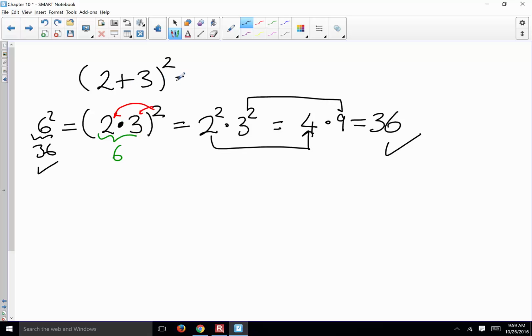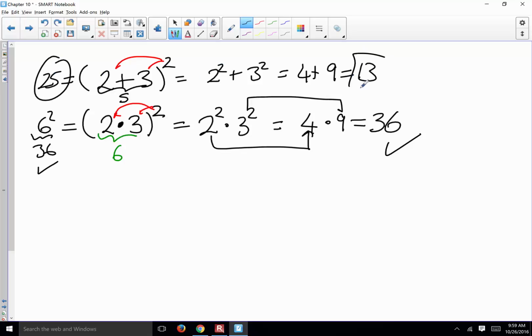What is wrong here? Most people do this. Oh, I need to pass the square here. And they get 2 squared is 4, 3 squared is 9, they get 13. However, 2 plus 3 is 5, 5 squared is 25. Wait a minute, this is 25 but you found 13? How is that possible?